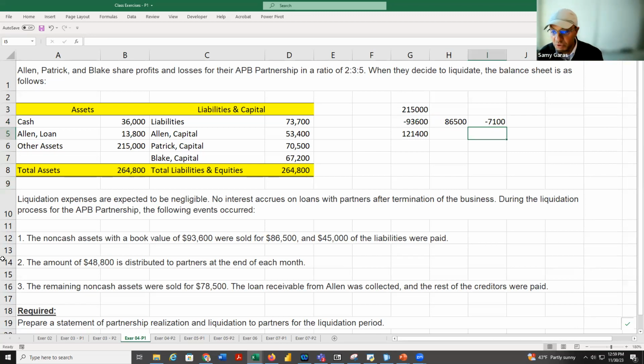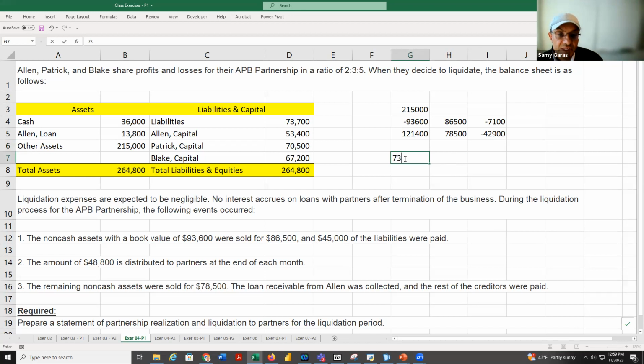And the second one, which is step 3, says we sold the non-cash for 78,500. So how much loss did we make? We made 42,900 loss. On the other side, we have liability 73,700, where we paid 45, and the remaining balance had been paid later.